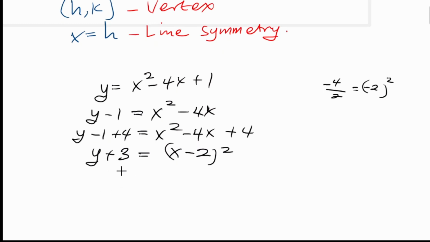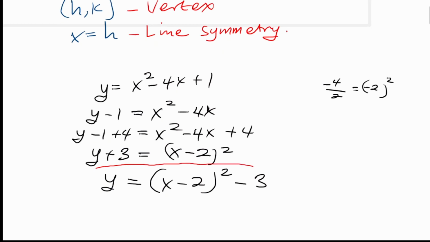Then the next thing we do will be to move this 3 back to the right hand side, and that gives us y equals (x minus 2) all squared minus 3, because we are subtracting 3 from both sides. And this becomes the equation expressed in the vertex form.